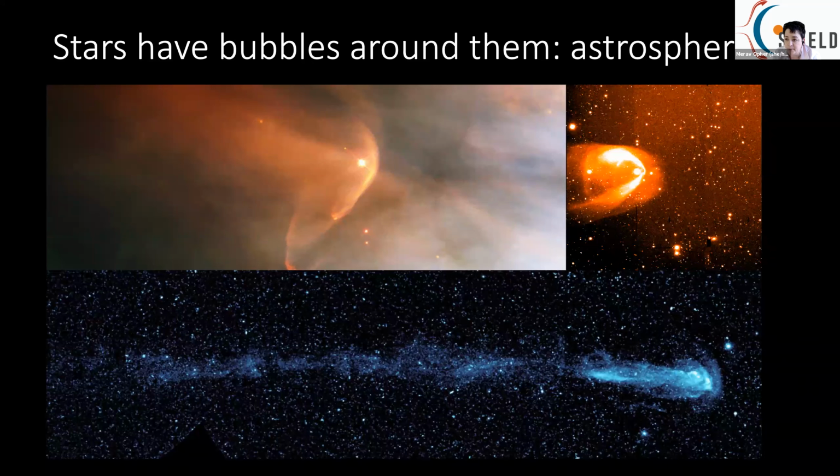When you look up in the sky, you see stars. They seem to be just a point that is luminous, but they are not just a point, and they're not, as we like to say, naked. They're surrounded by a cocoon. Those cocoons are called astrospheres.